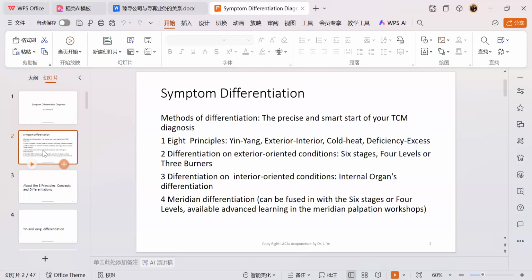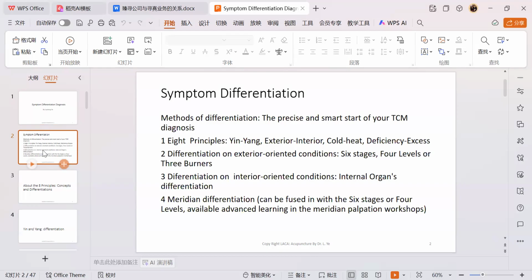This is the summary of what we are actually doing. The method of differentiation basically provides the foundation for a precise and smart start of your TCM diagnosis. So you do need to choose different methods to be able to get the differentiation.